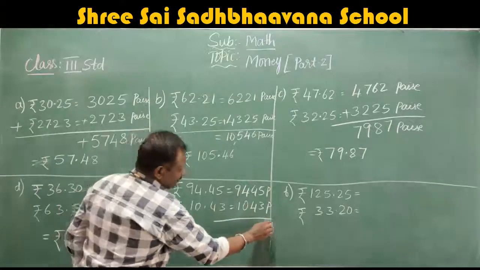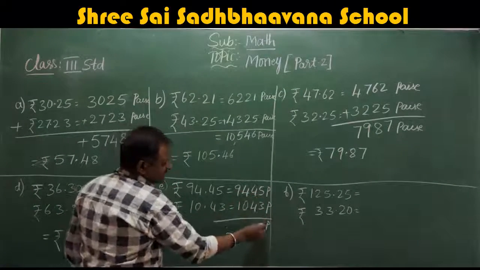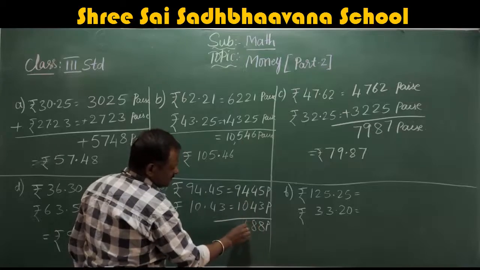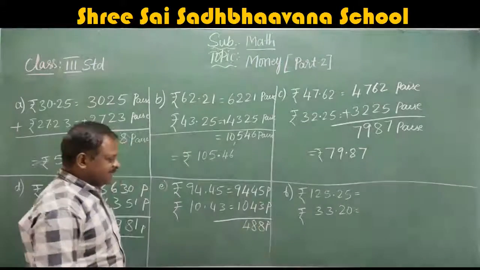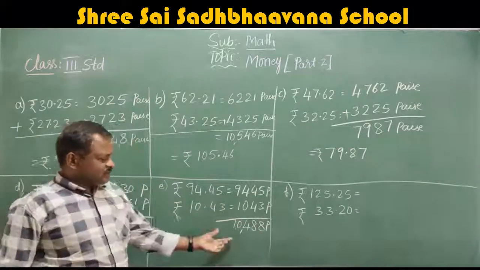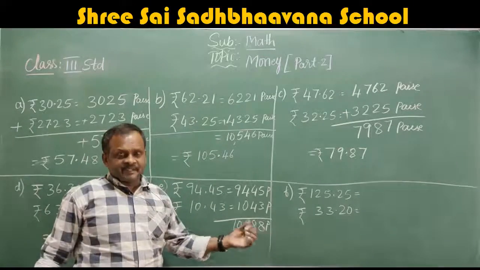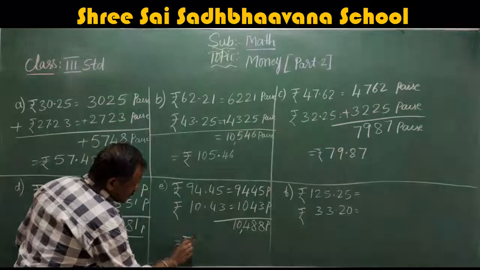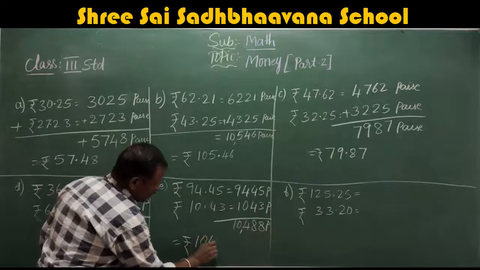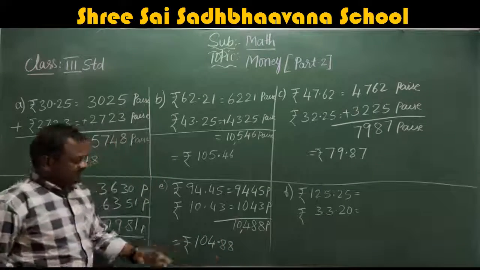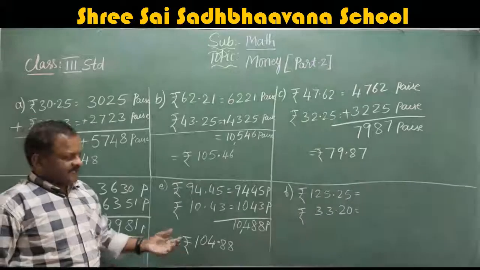Add paise as it is: 5 plus 3, 8. 4 plus 4, 8. 4 plus 0, 4. 9 plus 1, 10. So how much? 10,488 paise. When you convert this into rupees, rupees 104.88.